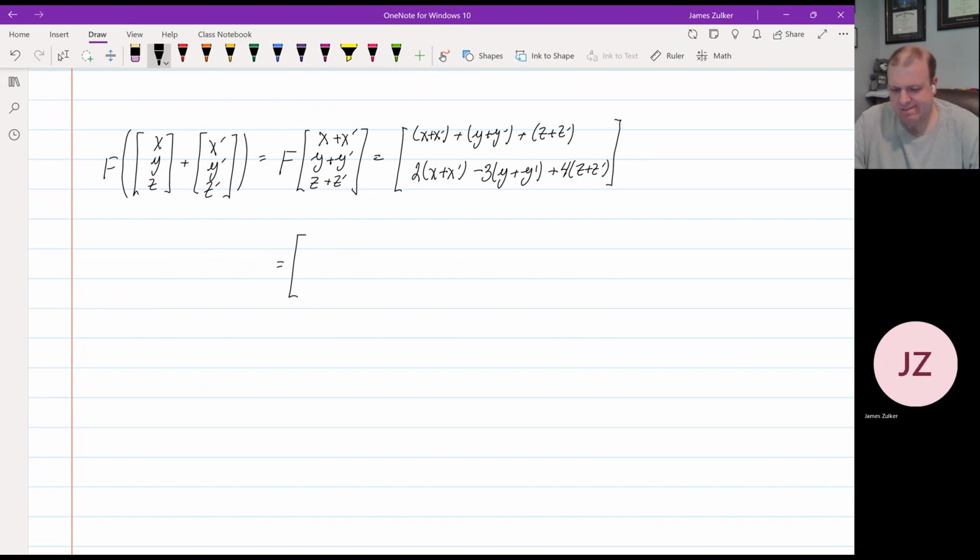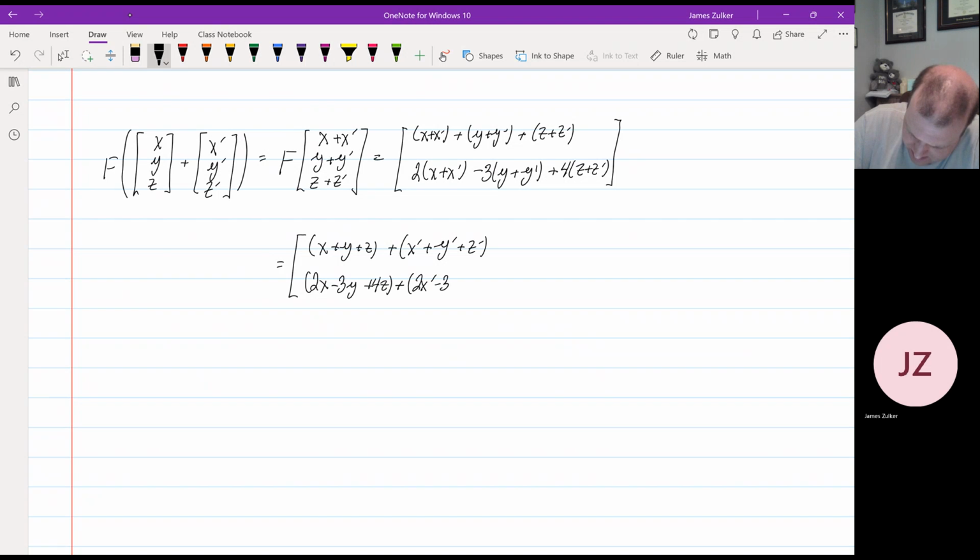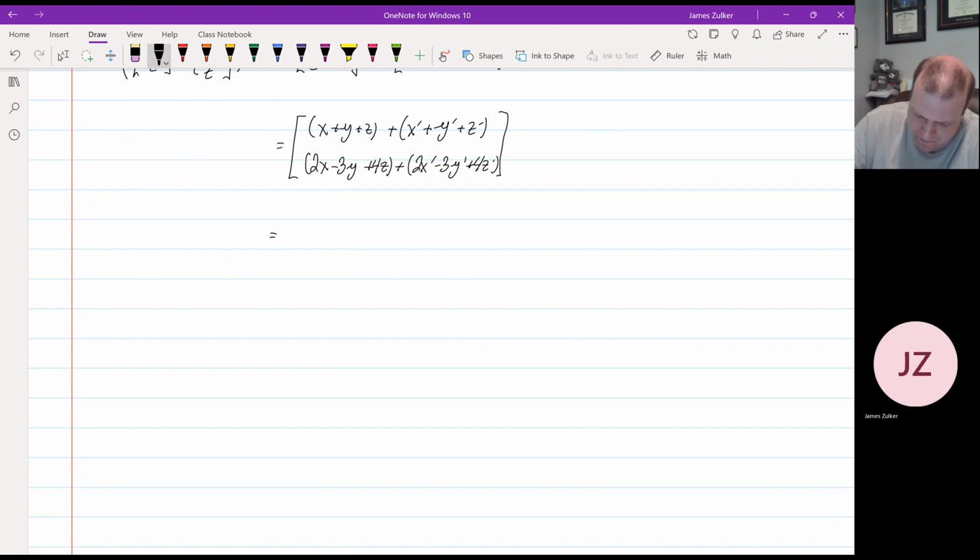So in that first component, we can group the non-prime terms and the prime terms together. In that second component, we can distribute and then group. Then, of course, we have the sum of two vectors.